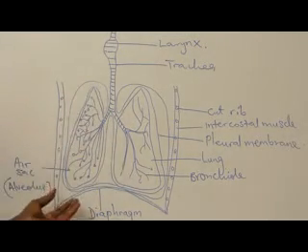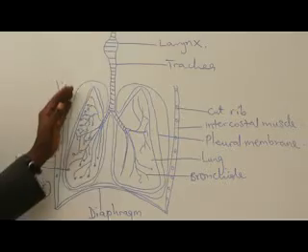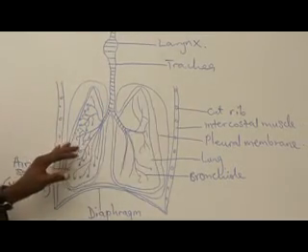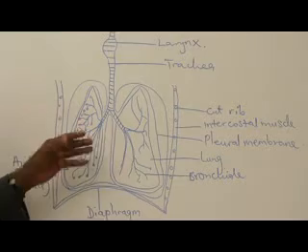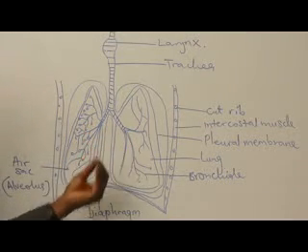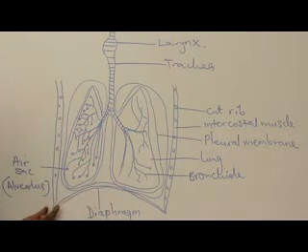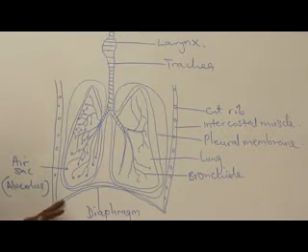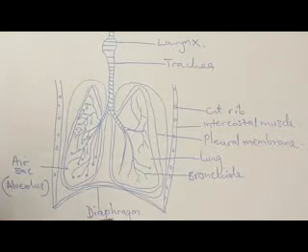This is the structure, and this place is what we call the thoracic cavity, the rib cage, where you have the lungs. The rib cage is separated from the abdomen by this sheet of muscle that we call the diaphragm.